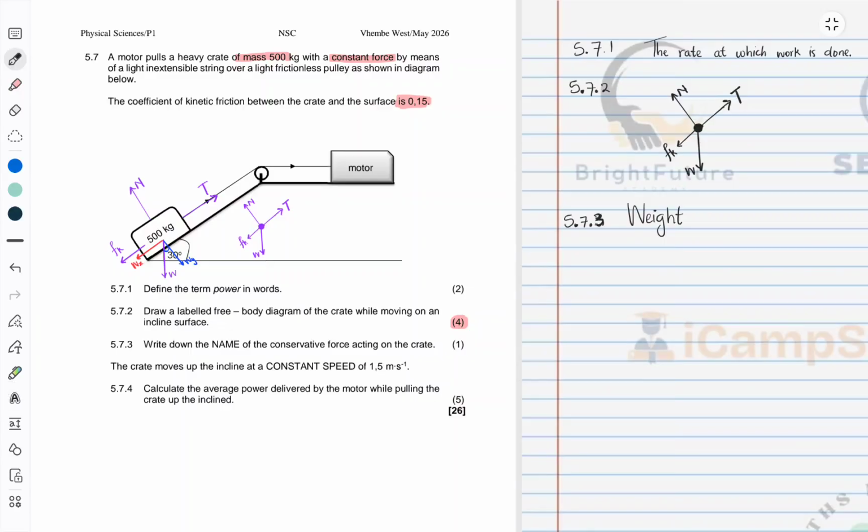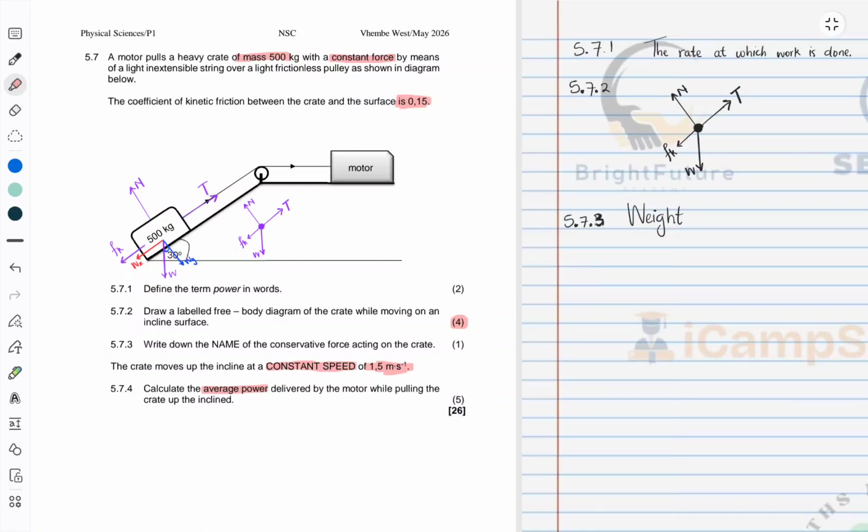The crate moves up the incline at a constant speed of 1.5 meters per second. Constant speed means acceleration is 0. Remember that one. Now we're asked to calculate the average power delivered by the motor while pulling the crate up the incline.